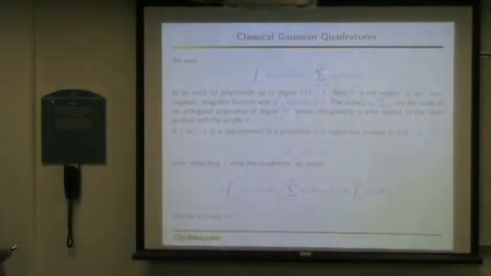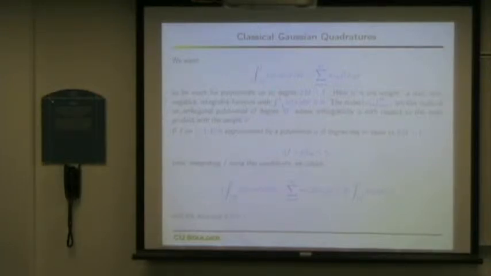And if you have m terms, there are 2m degrees of freedom. You can choose nodes and you can choose weights. Now, the standard approach to obtain Gaussian quadratures is to make this exact for polynomials of degree 2m minus 1, which means that you have 2m coefficients. So there is a match between the parameters here and here if we substitute polynomials instead of f.